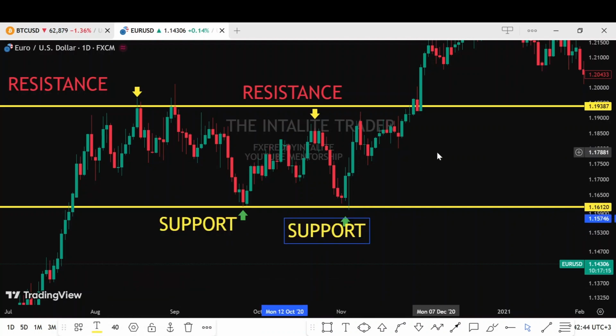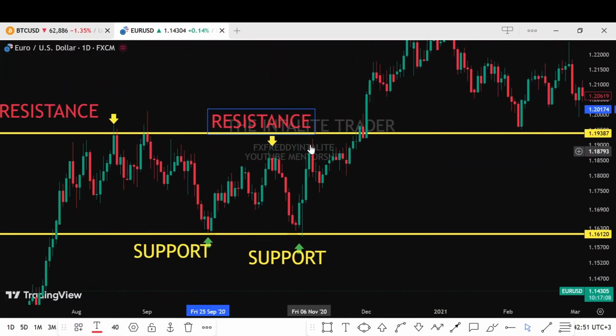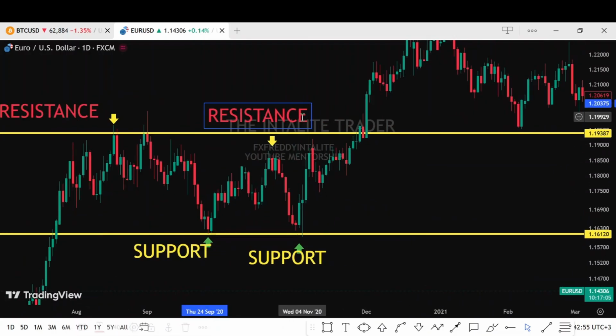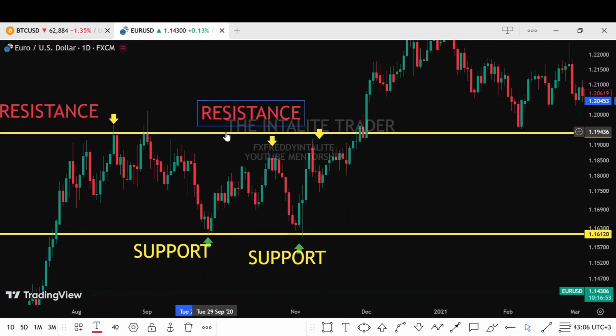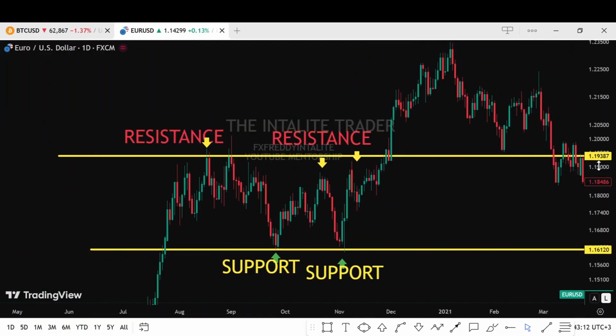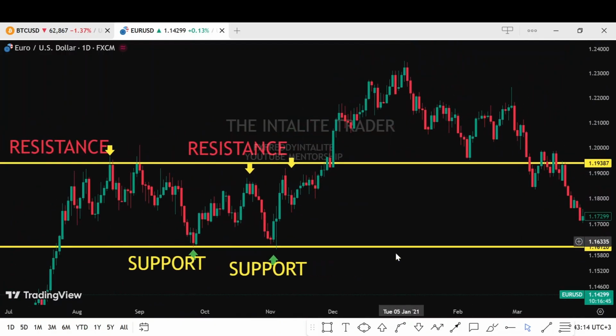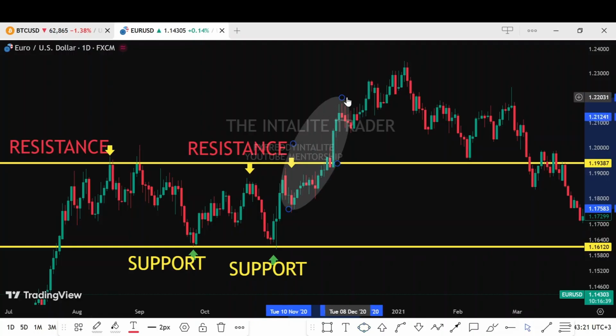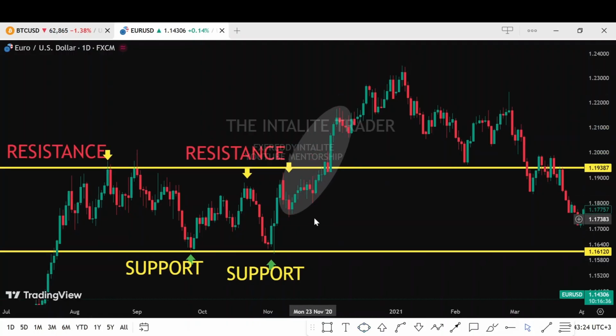So this is support. The same asset traded higher, finding resistance. The level was still resistant to the price. Later on, we see price breaking above this one. If you remember, breakout momentum. So this is what we call a breakout momentum.